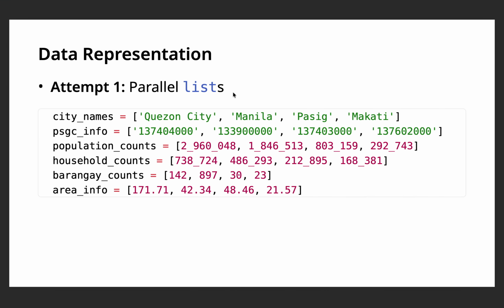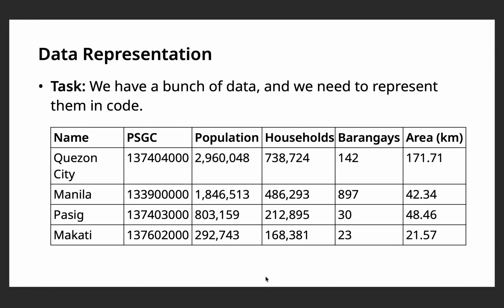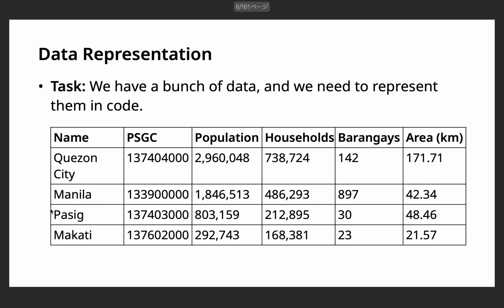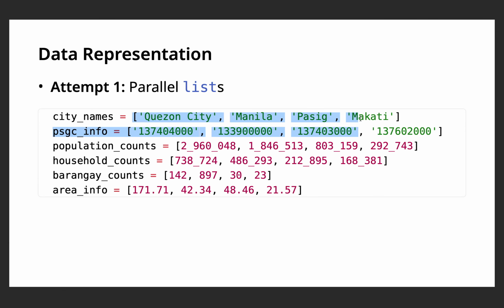So the first simplest way is, well, this is a table and we already know that a table or a grid is a sequence of sequences. So what we can do first is we can represent this with a bunch of lists. So what you see here is exactly that. Each column over here corresponds to one of these lists.